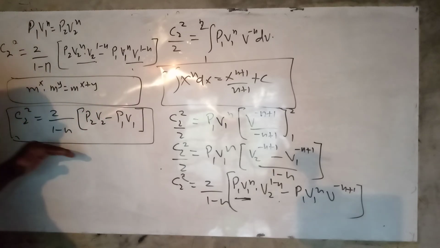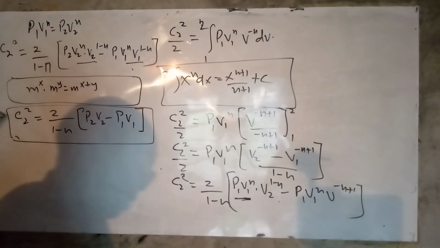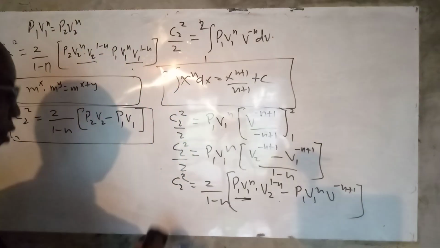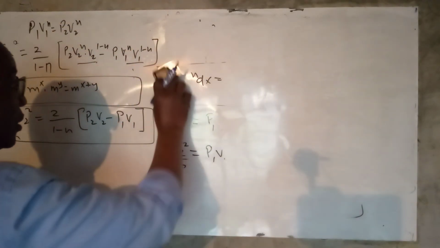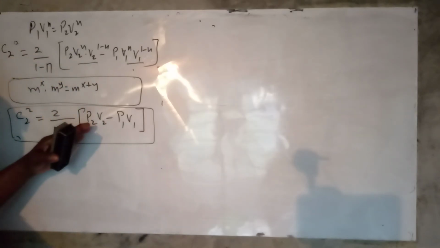Now, let us continue working on this so that we get the expression for the maximum velocity for the flow in the duct. Once again, we still have C2 squared equal to 2 over 1 minus n into P2 V2 minus P1 V1.